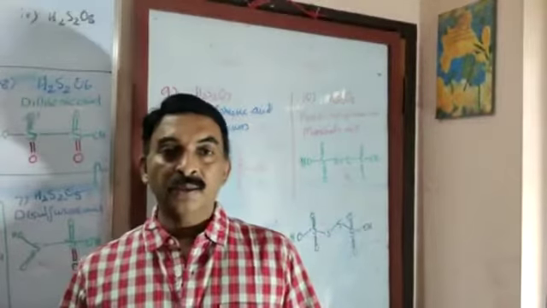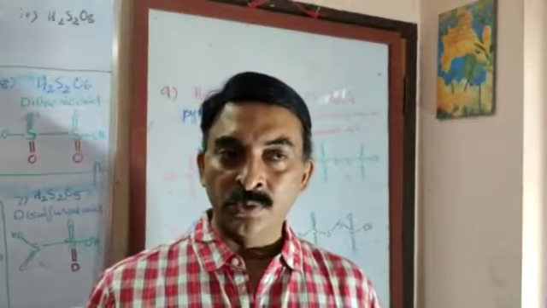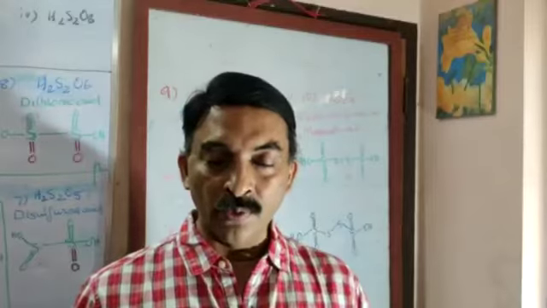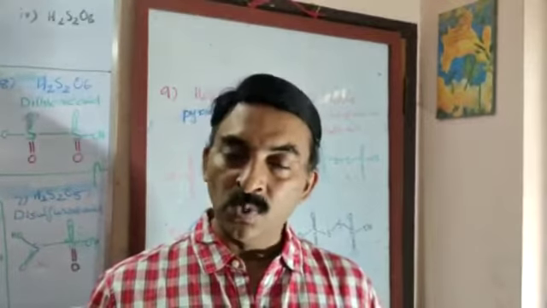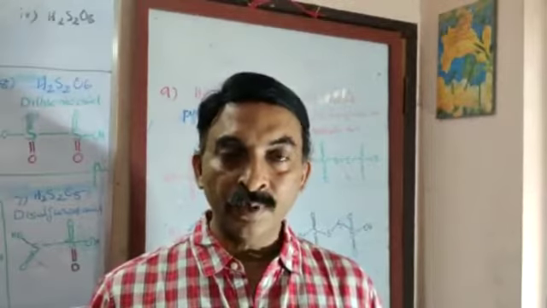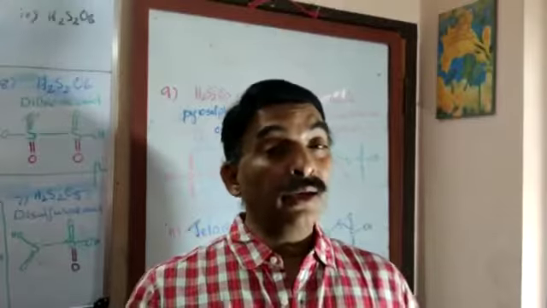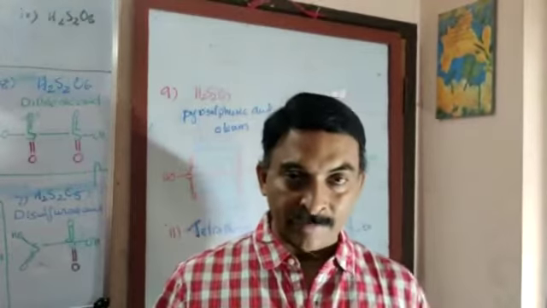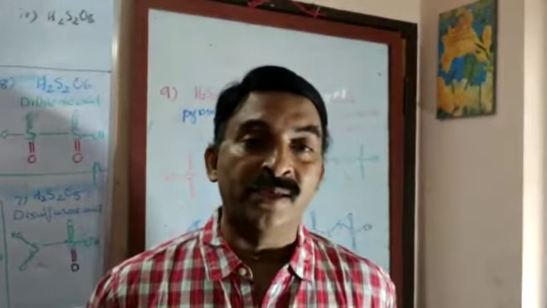If you remember, the reaction is like this: 2Na2S2O3 plus I2 gives Na2S4O6 plus 2NaI. That was the reaction we studied. There the product is Na2S4O6 and its name was given as sodium tetrathionate.